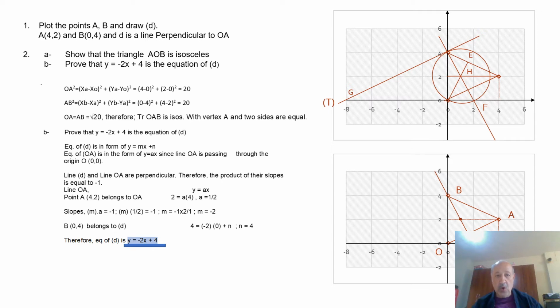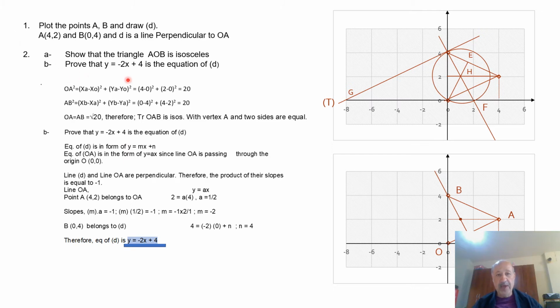It gives me that OA squared is equal to 20. AB squared, similarly, is equal to 20 as well. So OA and AB are radical 20, therefore triangle OAB is isosceles with vertex A and OA equals AB. These two sides are equal.